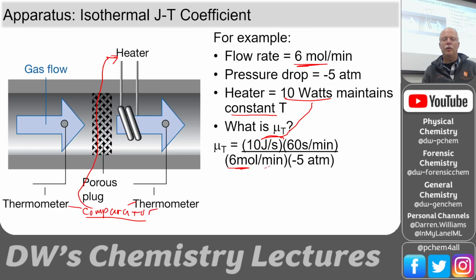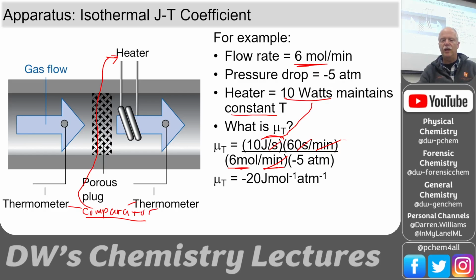But this is moles per minute, and seconds and minutes are incompatible, so we use 60 seconds per minute to convert. Then we've got the minutes on top and minutes on the bottom. Now we have all the units that we need for the isothermal Joule-Thomson coefficient, so we can calculate that. And that's negative 20 joules per mole per atmosphere.